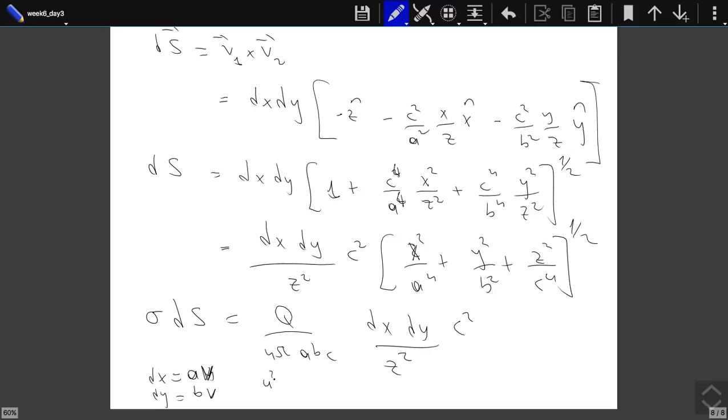Then u squared plus v squared is equal to something like 1 minus z squared over c to the 4, some z squared with some coefficient. So it looks like a sphere now. In fact, if you make the change of variable z goes to a t, now it will be a sphere in u v t coordinates. So you are basically integrating over a sphere in these new coordinates.